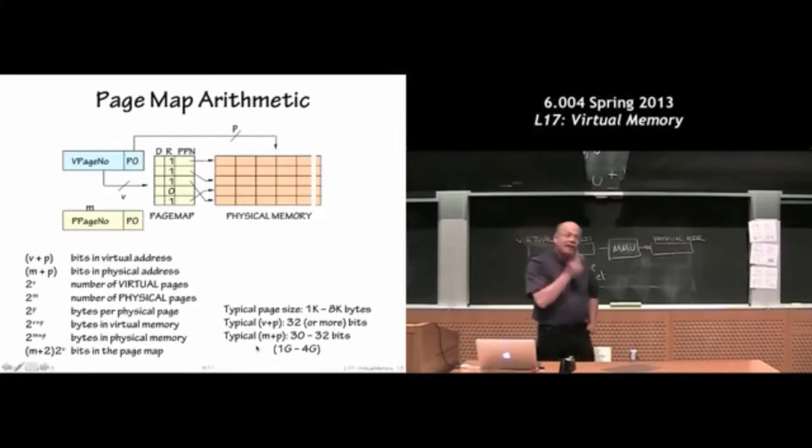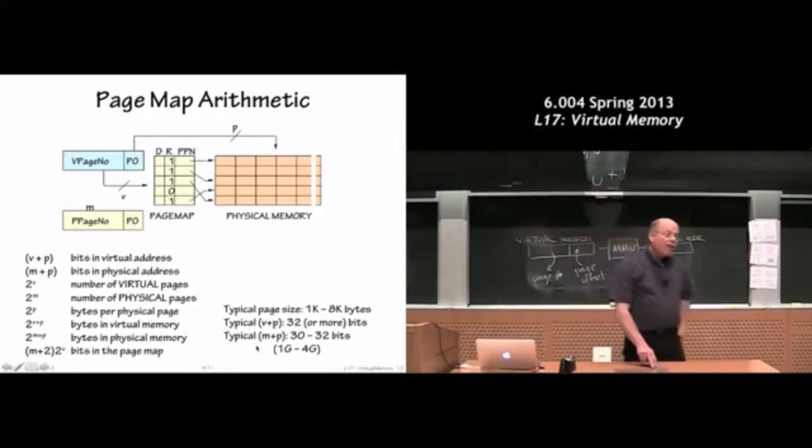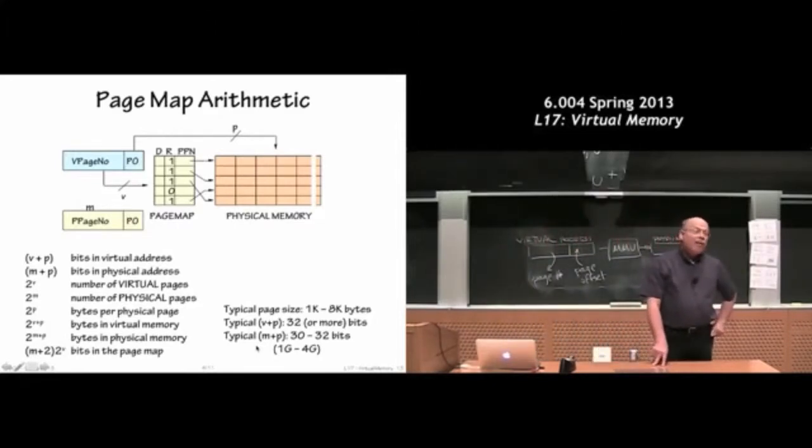Machines that you bought a decade ago could only address a couple gigabytes of memory. Modern machines usually now have 40 physical address bits, about 2 to the 40th. So, 4 gigabytes is 32 bits, and 256 times that means modern machines can address about 1 terabyte of physical memory.